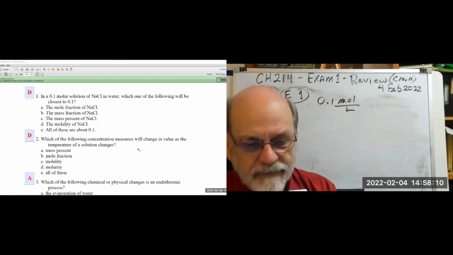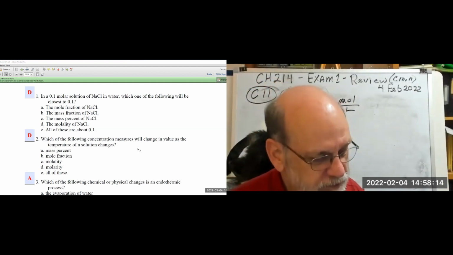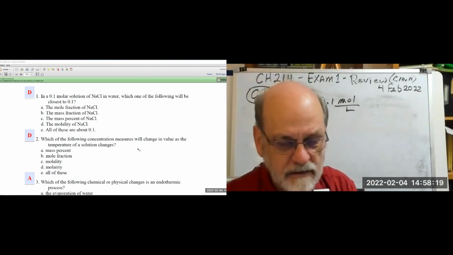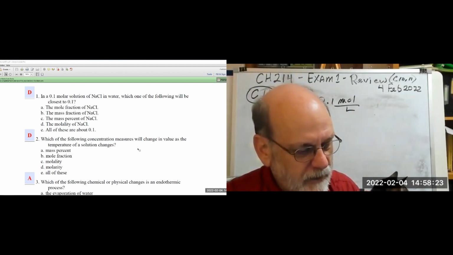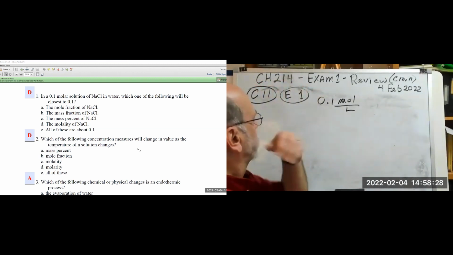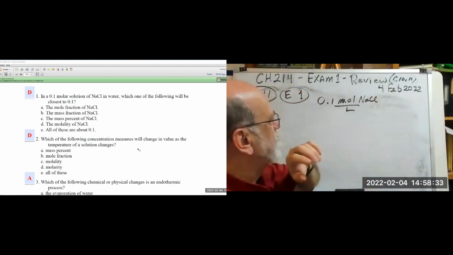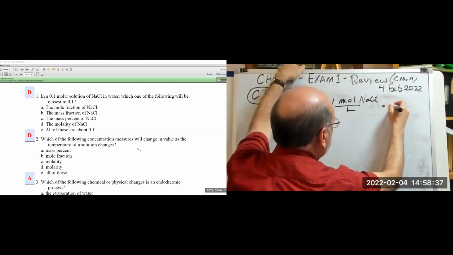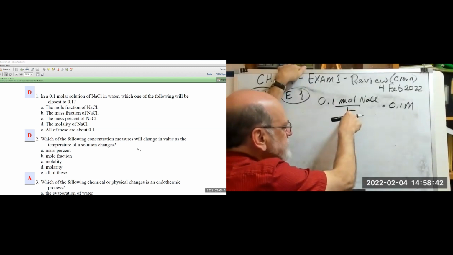We could go in and calculate each one of these, which is what I did for the worked problems. But what we're going to find is that this is moles of sodium chloride. And the only difference between molar and molal is this value.